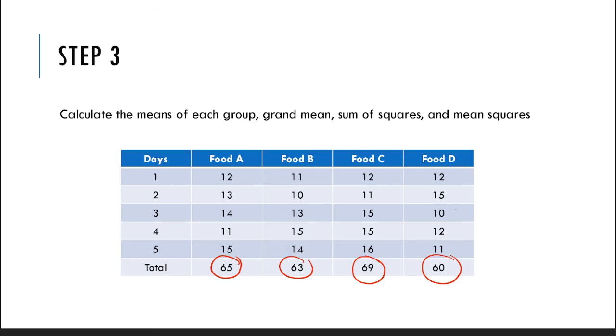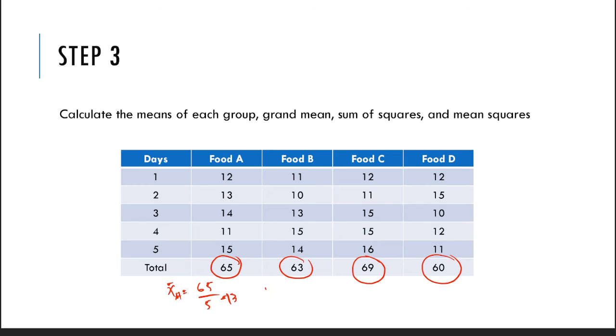More on dun lang sa means of each group and grand mean, pero it will be helpful to first get the total of each group, kasi mula dito, pwede mo lang i-compute yung mean of each group. Halimbawa, for the mean of A, kailangan mo na lang gawin dyan, since 5 yan, kunin mo na yung 65, you have 65 divided by 5. So, meron ka na ng mean of A. So, this is actually 13.